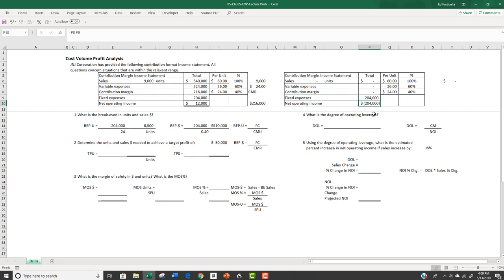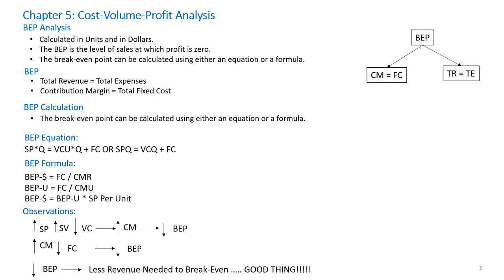Anything which increases the contribution margin will result in a decrease in the break-even point. This means your business can break even with less revenue. This is a good thing. As can be seen, we can increase our contribution margin by increasing selling price, increasing sales volume, or decreasing variable costs.